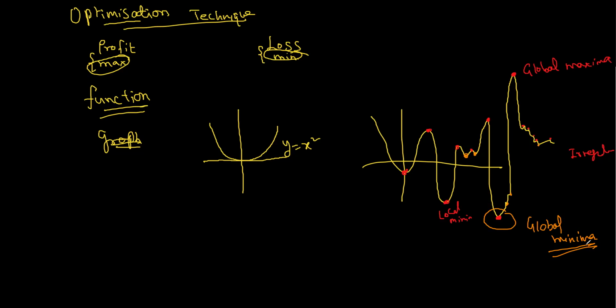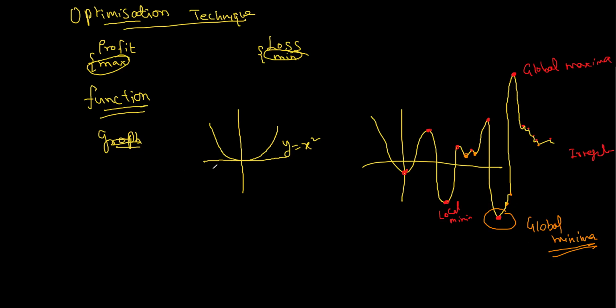In the second chapter, you will learn how to find global minimum and global maxima. And in the third chapter, you will learn, is my global maxima the best solution or not? How can you verify that this is global maxima? Understood?